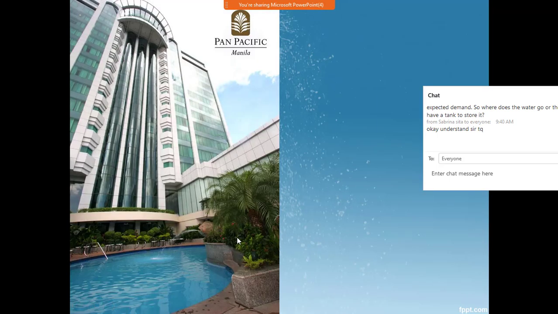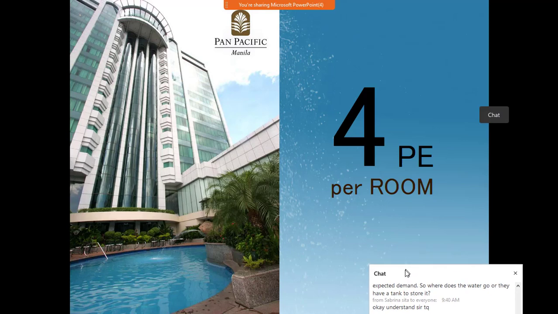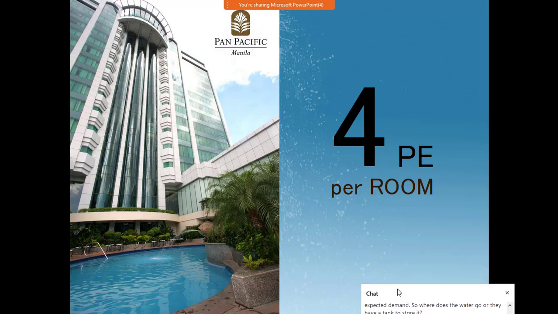Now for hotels, it is 4 PE per room, not per bed, of course, it's per room. So if the hotel has 200 rooms, it will be 200 times 4. 100 rooms, 100 times 4, and so on.